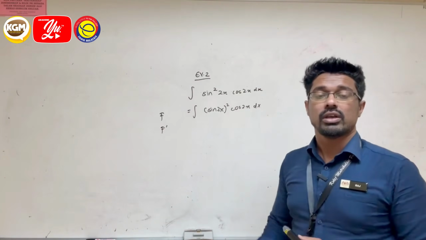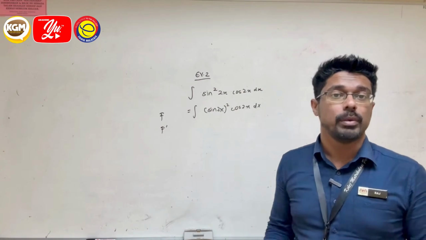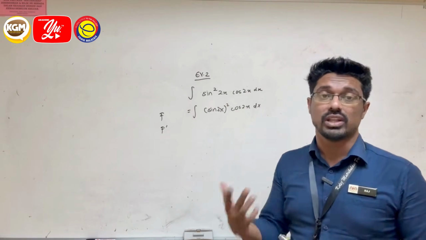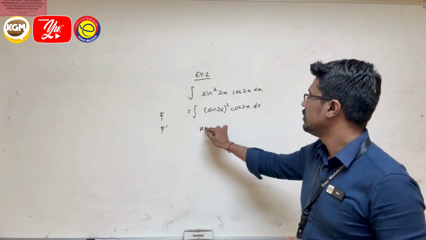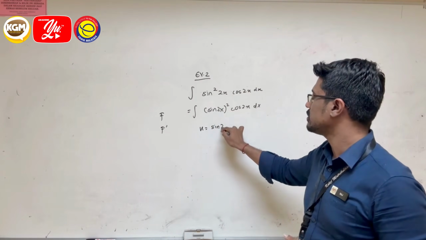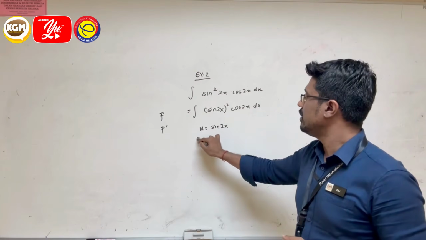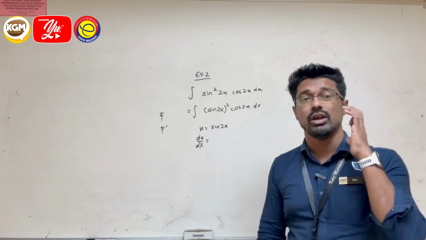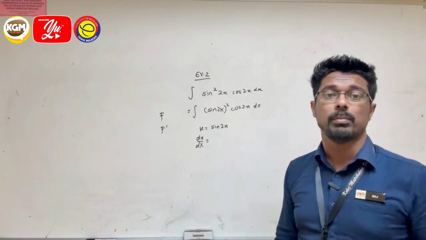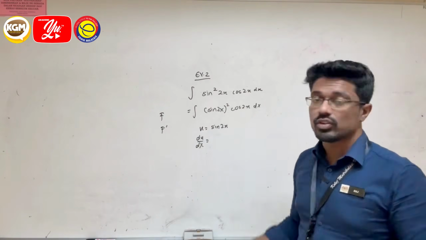That's it. Secondly, I want to decide who is going to be my u. Very simple, always go for the higher power. So your higher power here is going to be your sine 2x. u is equal to sine 2x. Here, a lot of you are going to make careless mistakes. I already told you what you learned in semester 1, you need to remember, especially your differentiation.